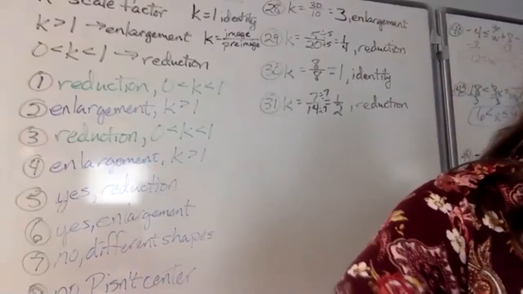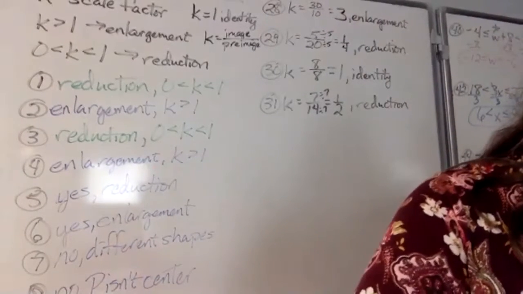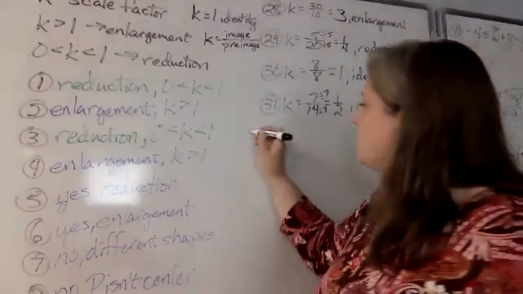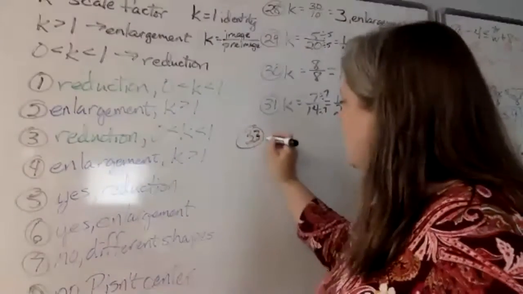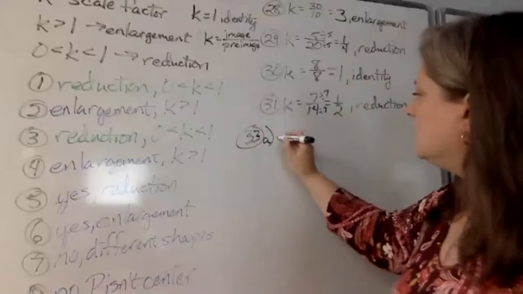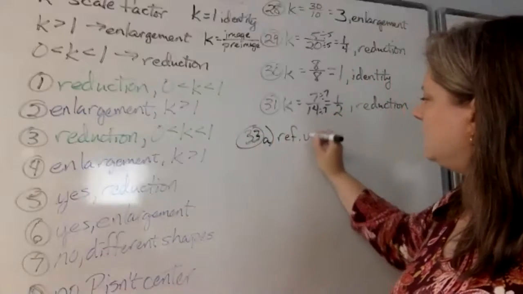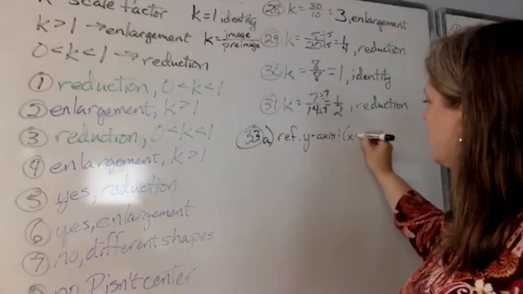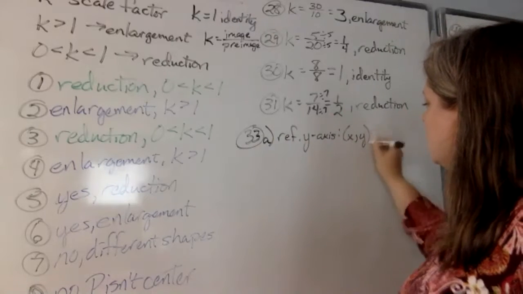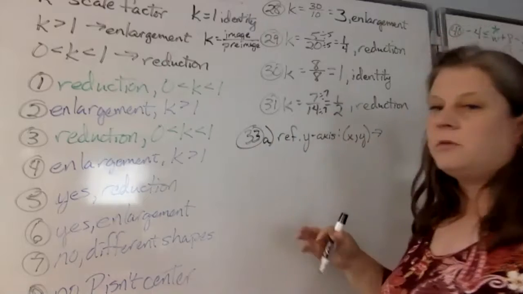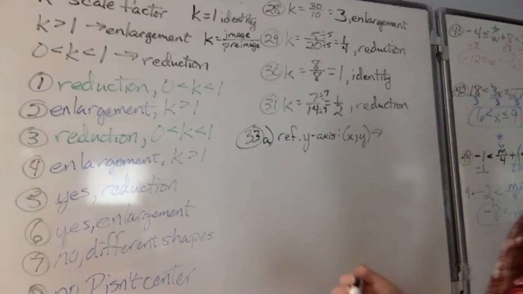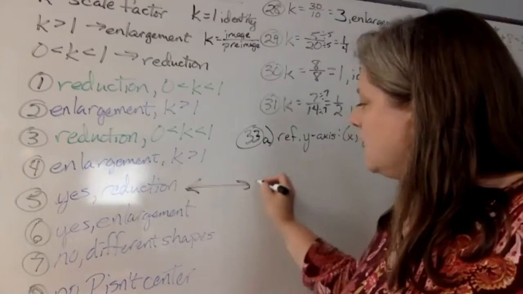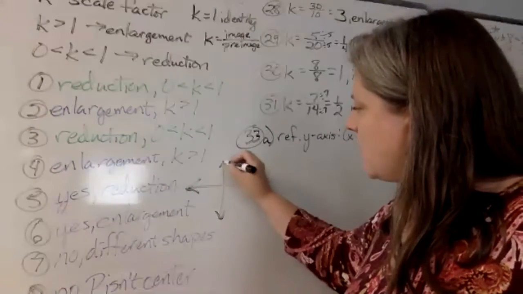Now, the first one says reflection in the y-axis. Okay, so if I'm doing a reflection in the y-axis, I'm abbreviating up here, your original points are your xy. Your new points, when you reflect over the y-axis, you got to think about your coordinate plane. Here's the x-axis, here's the y-axis.